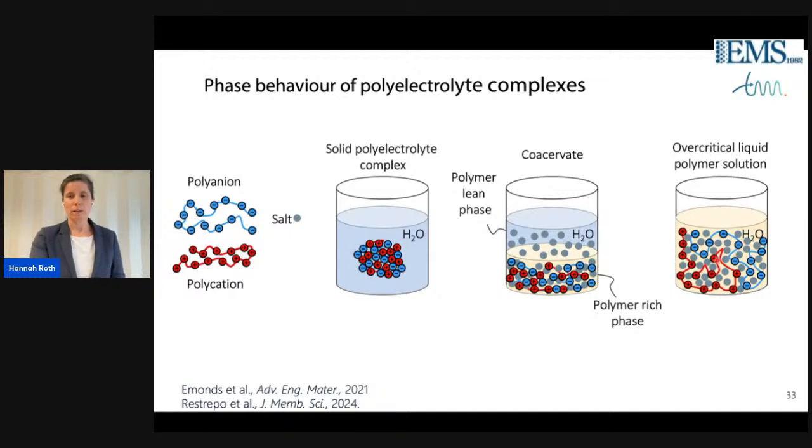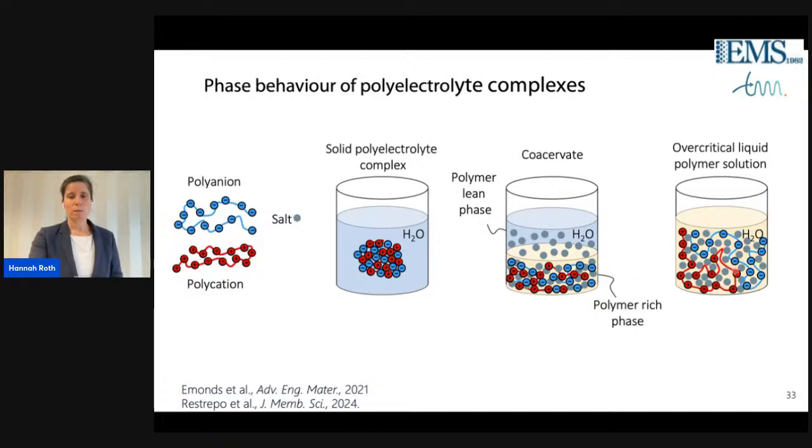Another way of doing this is using a pH shift. There are also polyelectrolytes that are charged in certain pH regions and then become uncharged. This is another approach to getting such polyelectrolyte systems with opposite charge into solution.